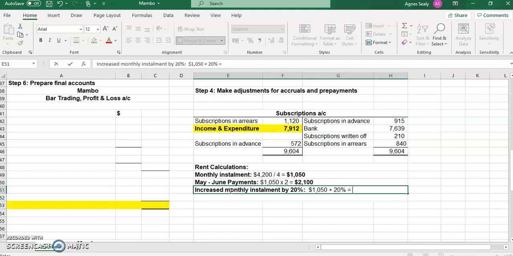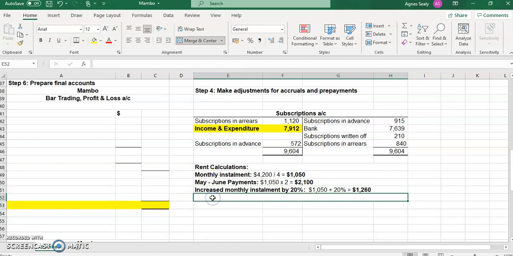So when we add 20% to the $1,050, we get a new monthly installment for July of $1,260. So remember, the monthly installment increased from July by 20%. So now the monthly installment is $1,260.